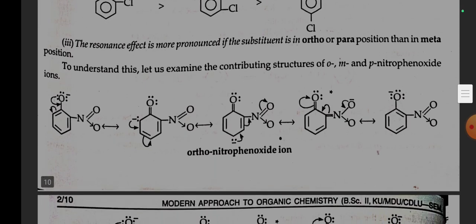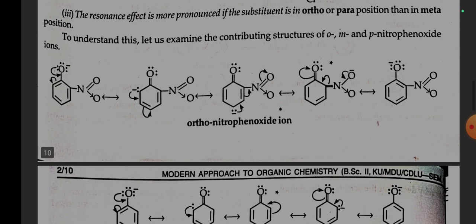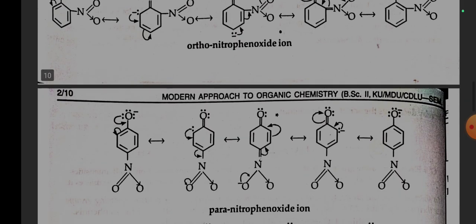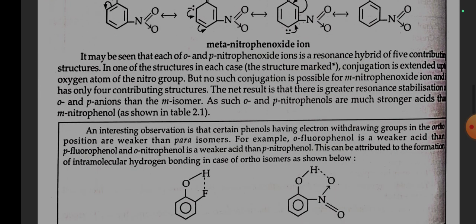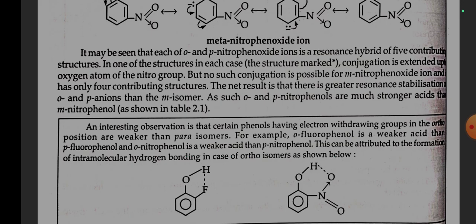Number 3. The resonance effect is more pronounced if the substituent is in ortho or para position than in meta position. To understand this, let us examine the contributing structures of ortho, meta and para nitrophenoxide ions. It may be seen that each of ortho and para nitrophenoxide ions is a resonance hybrid of 5 contributing structures.